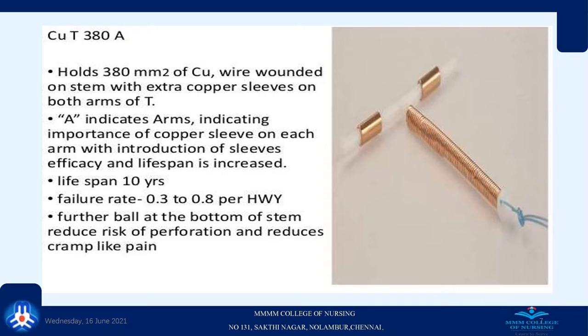HWY is 100 women years. Further, a ball at the bottom of the stem reduces the risk of perforation and reduces cramp-like pain. So they have given a ball-like thing at the bottom. It prevents the copper T from perforating out of the uterus, and it also reduces the cramp-like pain. So this is about copper T380A.